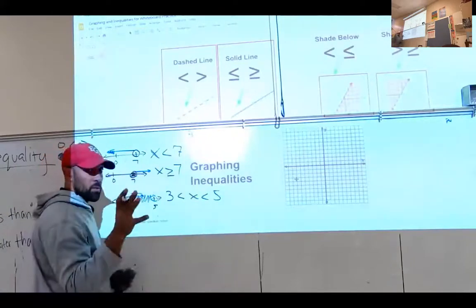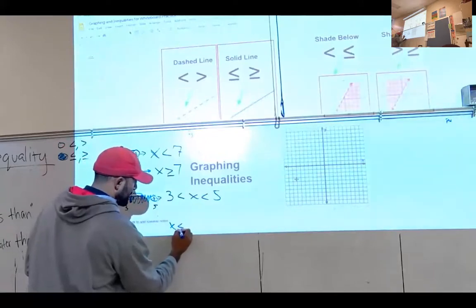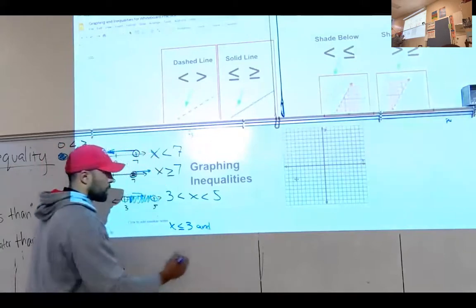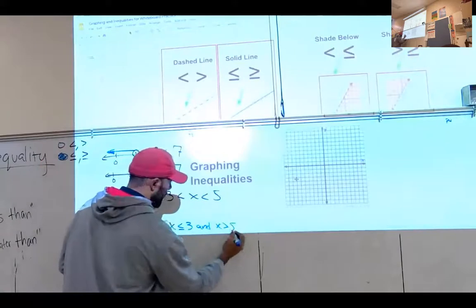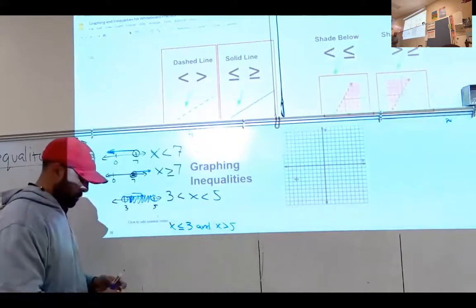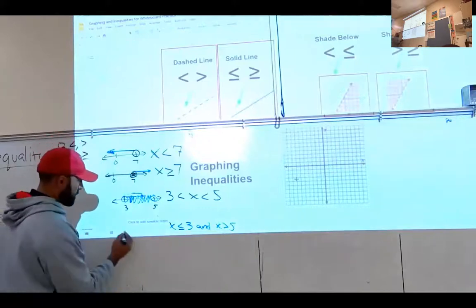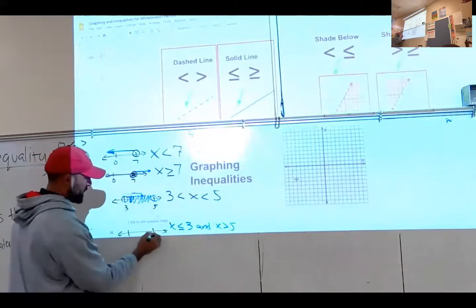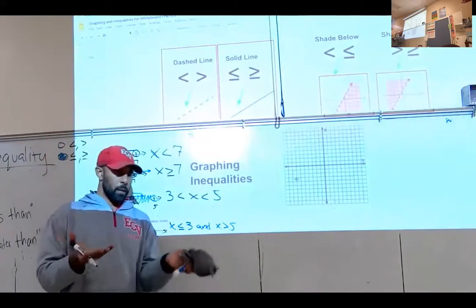You might also get something like this. Maybe it'll say x is less than or equal to 3, and x is greater than 5. So now when I graph this, I still have two numbers because those define my limit, right?